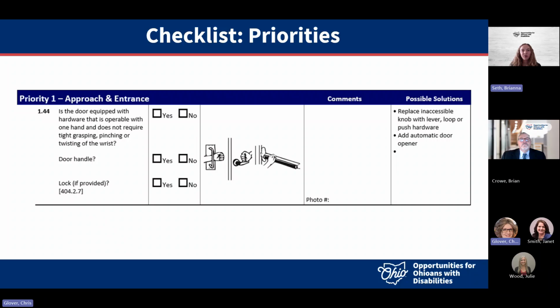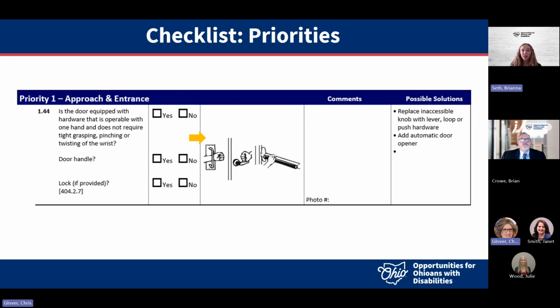These priorities provide questions to help with identifying barriers, including questions about door width, door hardware, door closing speed, and more. For an example, one question asks about the clear opening width of the entrance door. Another question asks if the door is equipped with hardware that can be operated using one hand and doesn't require tight grasping, pinching, or twisting of the wrist.